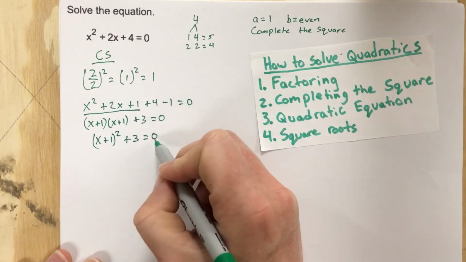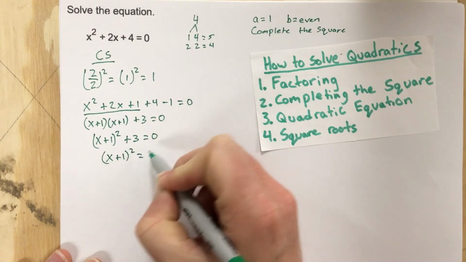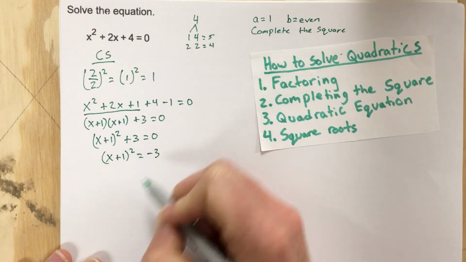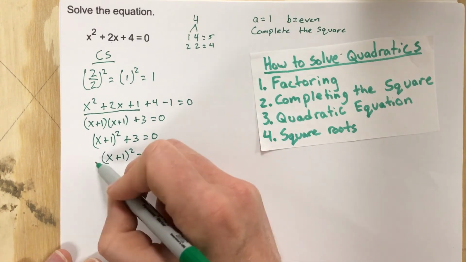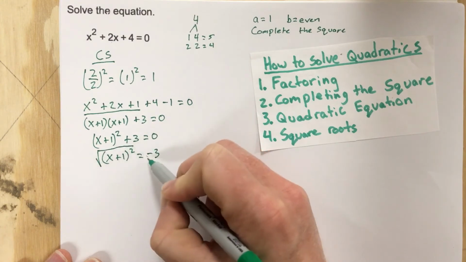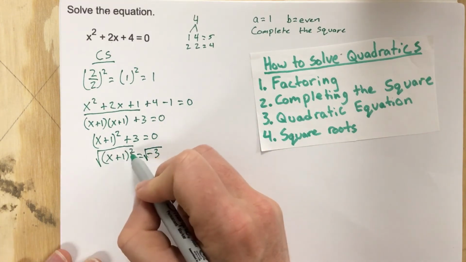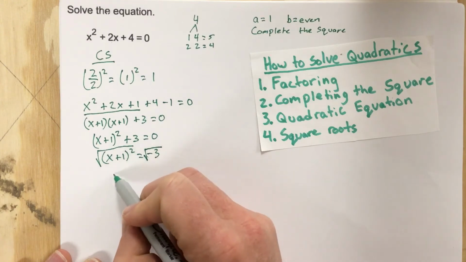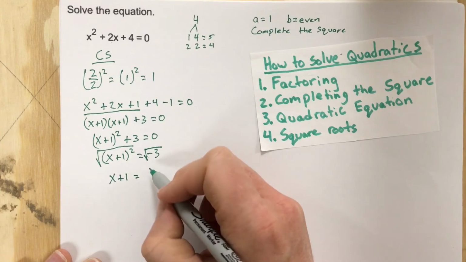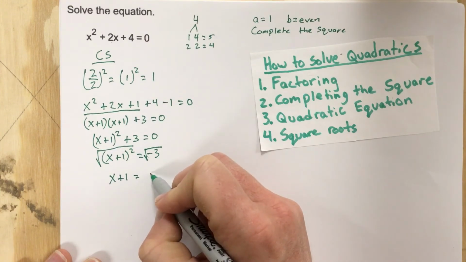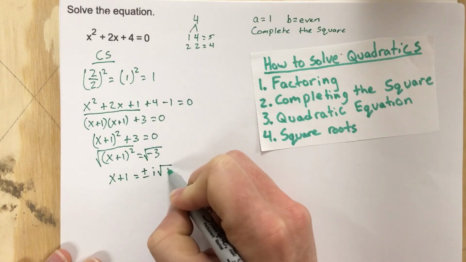Now we're going to subtract the 3 over and we get x plus 1 squared equals negative 3. And we'll square root each side. Now you'll notice we're going to get some complex numbers here. We're going to get some imaginary numbers. When we take the square root here, this cancels, so we have x plus 1 equals, and the square root of negative 3 we know is just i, so we'll say plus and minus i root 3, right?